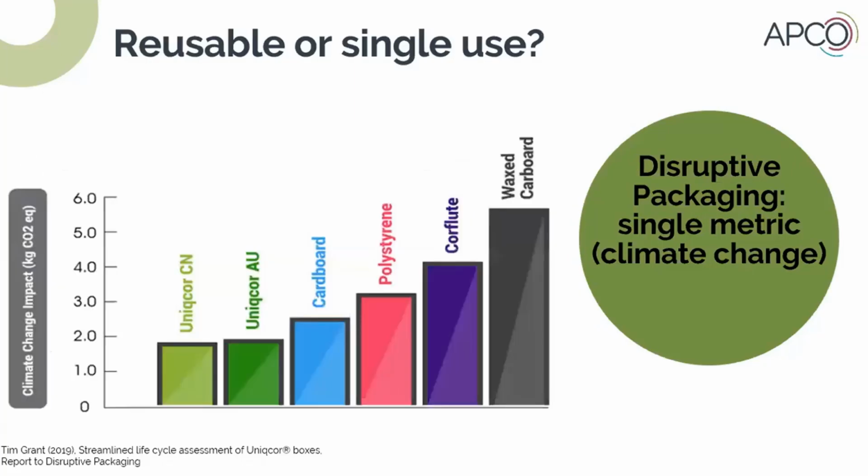But the other question was, how does it compare to other packaging formats? So we compared the Unicore with cardboard, polystyrene, core flute and waxed cardboard. And what was really interesting and perhaps surprising for me was the fact that Unicore did come out quite well, and that's partly because it's manufactured from calcium carbonate or limestone and HDPE, which contributed to its low carbon footprint.